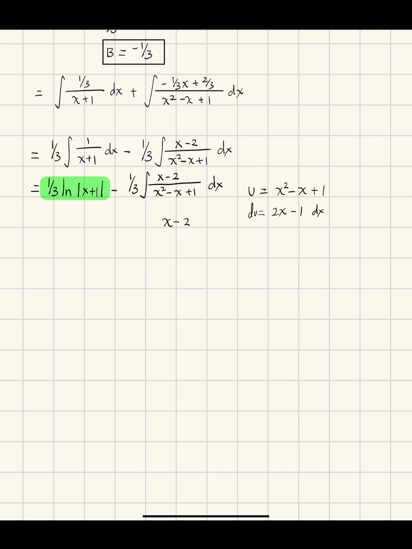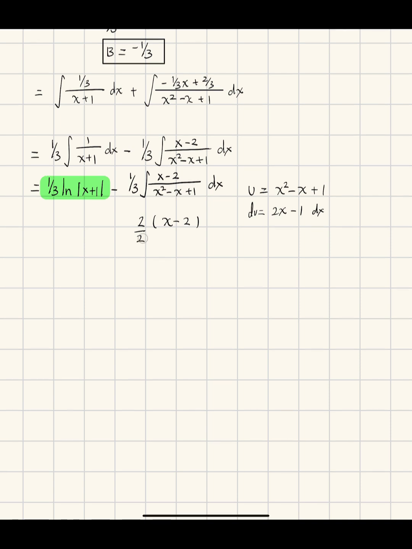So we've got to do some manipulations. All I'm going to do is multiply by 2 and divide by 2. Alright, so now we got 2x minus 4 over 2. And let me just put back the 2 I just erased.